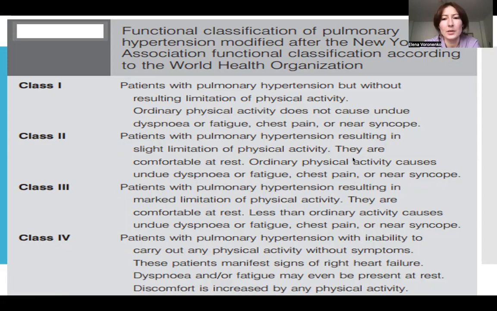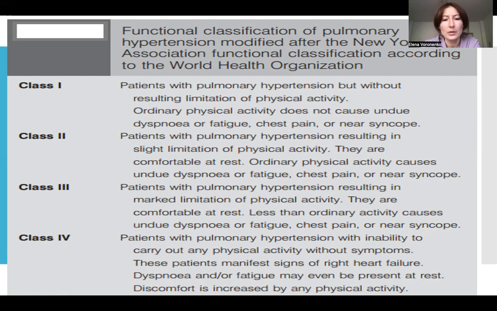Ordinary physical activity does not cause undue dyspnea or fatigue, chest pain, or near syncope. Class 2: patients with pulmonary hypertension resulting in a slight limitation of physical activity. They are comfortable at rest. Ordinary physical activity causes undue dyspnea or fatigue, chest pain, or near syncope.